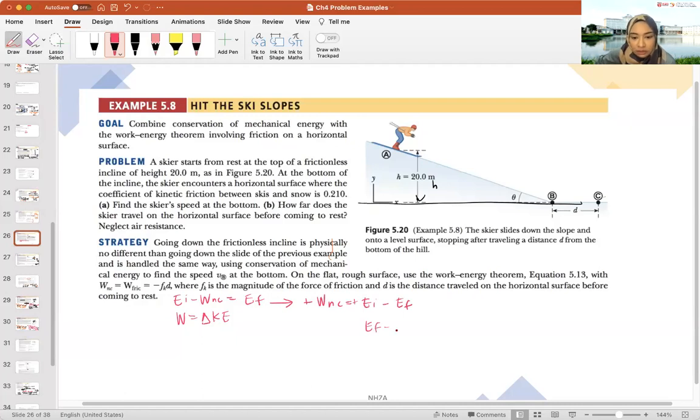Ef minus Ei, then this would be minus Wnc. Dua-dua betul. But I'm just trying to show you guys that this is from the work energy theorem. If we rearrange the conservation of energy, it is the same as the work energy theorem, whereby the change in energy is equal to the work done. But this one is specifically for KE. Yang ni boleh jadi apa-apa sahaja.